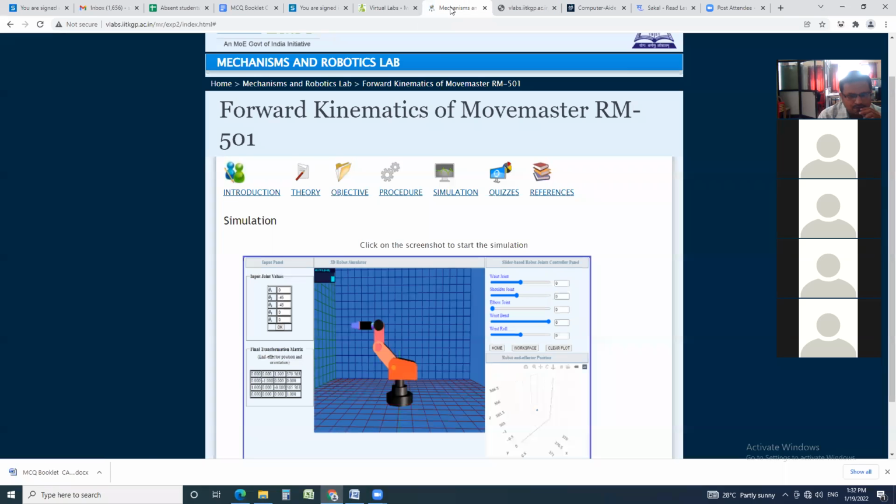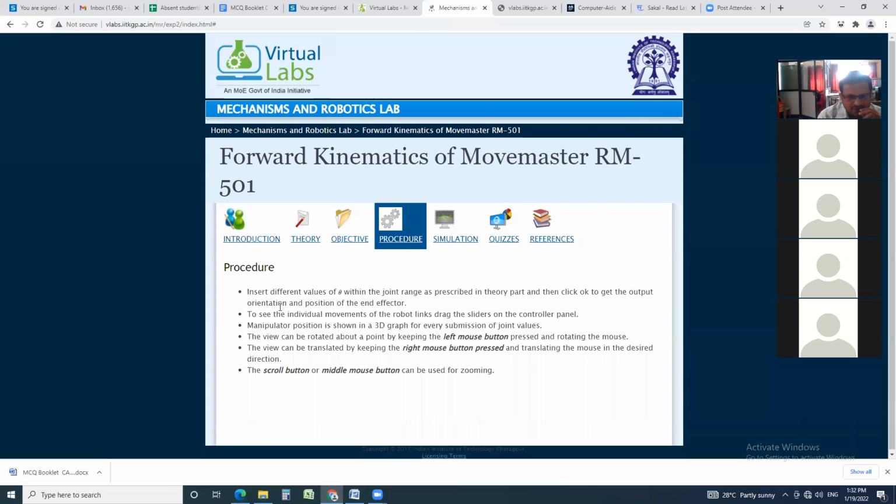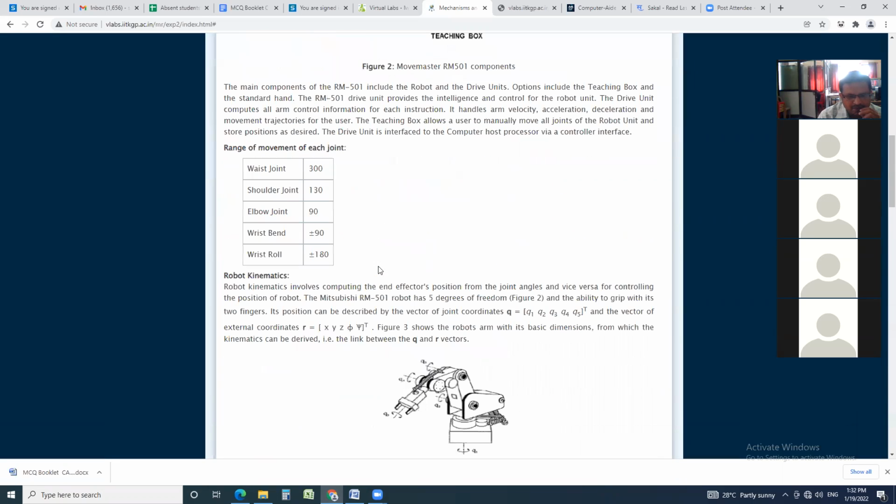Okay, we will go by procedure. Insert different values of theta within the joint angle range as prescribed in the theory part, and then click OK to get the output orientation and position of the end effector. Therefore, different values of theta we will see.